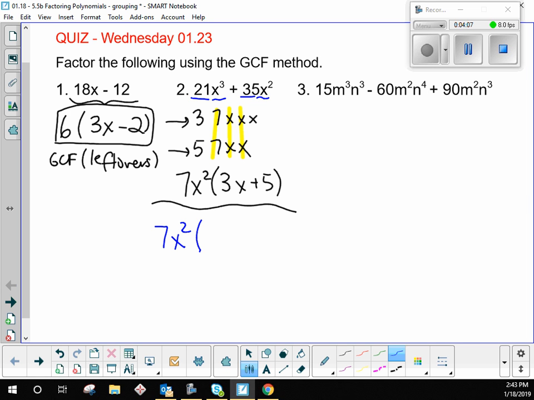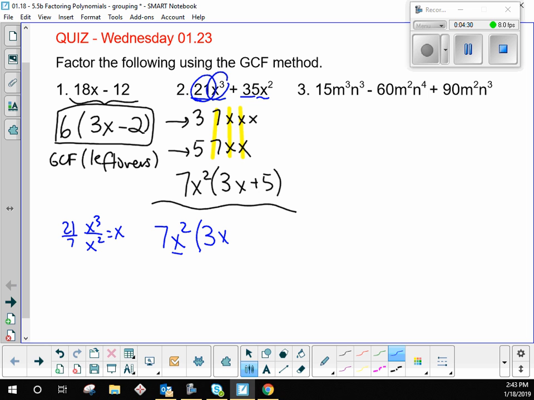And now here's where I want to talk about thinking and remembering that this is like distributive property with division. I'm dividing a 7x squared out of each term. So if I look at this 21, what's 21 divided by 7? 3. And when I look at the x cubed, I'm dividing it by this x squared. What's x cubed divided by x squared?